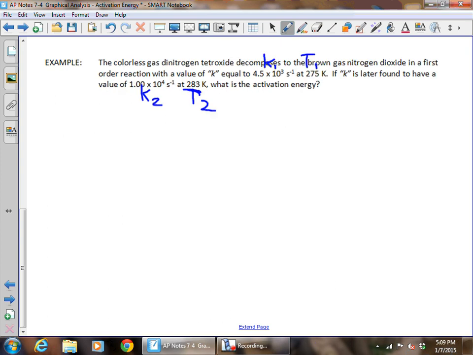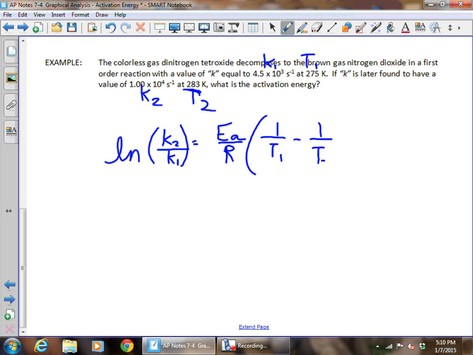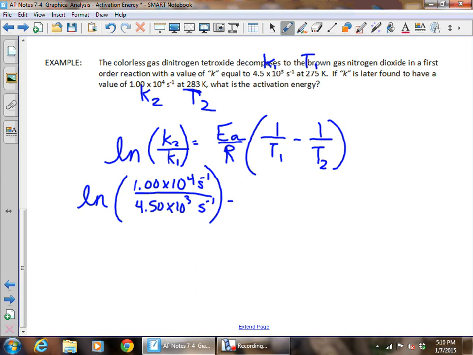Okay, using the equation then, we know that ln of K2 over K1 is equal to the activation energy over R times 1 over T1 minus 1 over T2. Plugging in our values, we get 1.00 times 10 to the fourth reciprocal seconds over 4.50 times 10 to the third reciprocal seconds.